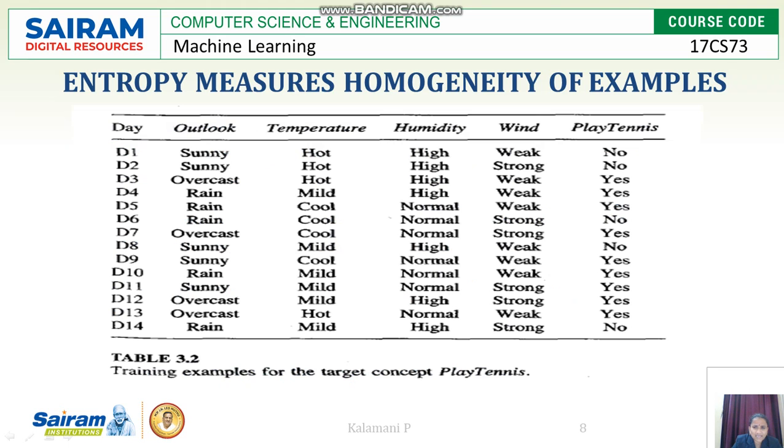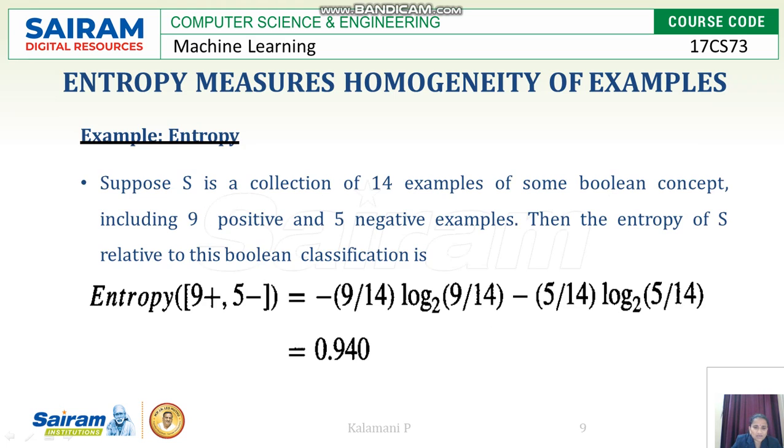For this training set, there are 14 training instances in total. How many are positive or negative? 5 negative training examples and 9 positive training examples. So this is a collection of 14 examples, 9 positive and 5 negative.